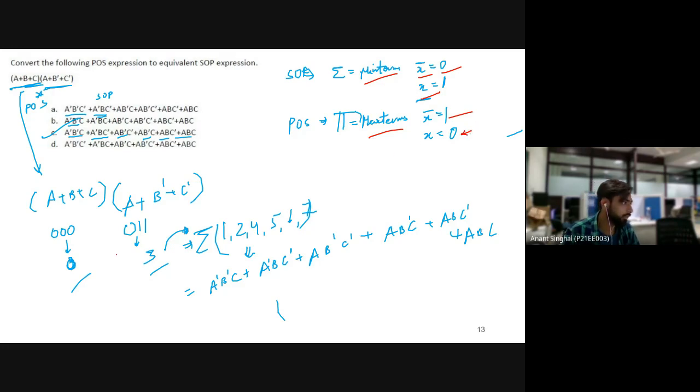Once you have found that 0 and 3 are the max terms, the rest will be min terms. I expanded it and got the correct answer C. Is there any doubt in this question? Everyone please respond so that we can proceed.